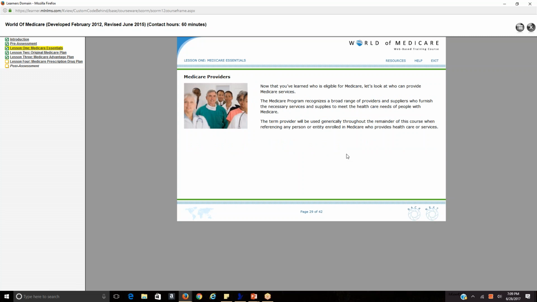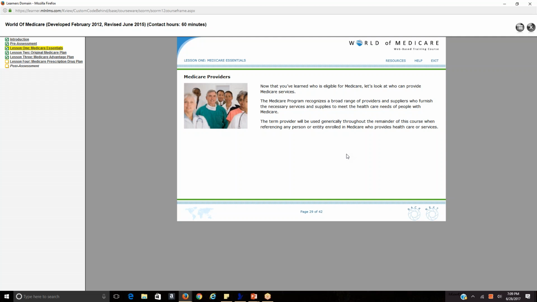Now that we have some information on Medicare Part A and B especially, we need to talk about providers and who is eligible to provide Medicare services. The Medicare program recognizes a broad range of providers and suppliers who furnish necessary services and supplies to meet the health care needs of people with Medicare. And the term provider is going to be used generically.